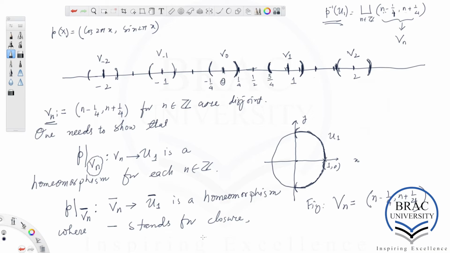The closure of Vn is going to be n minus 1/4 to n plus 1/4. So this is a closed interval, for a given n in the set of real numbers, and U1 bar is the closed arc in S1.